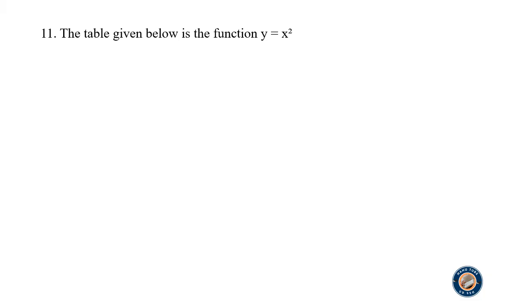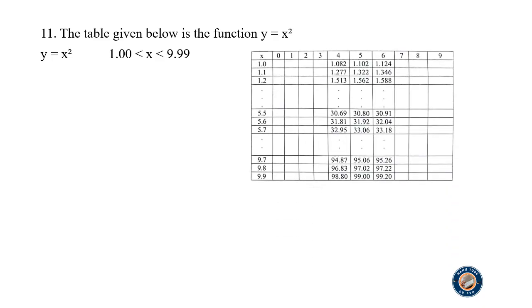Question number 11. The table given below is the function y is equal to x squared, where x is between 1 and 9.99. What is the value of the square root of 97.22 according to the table?